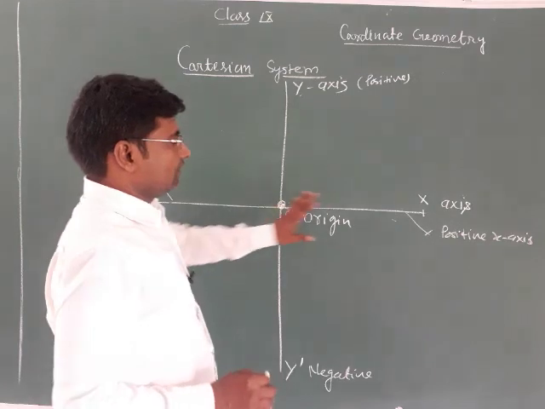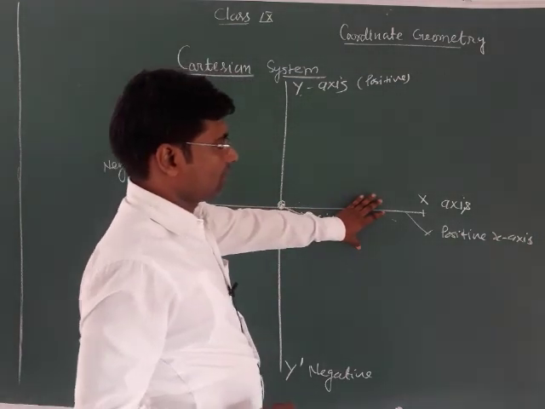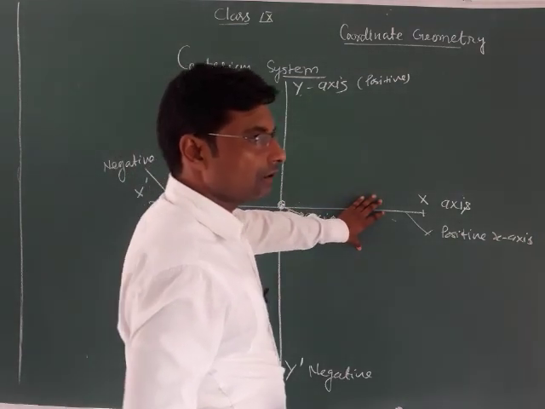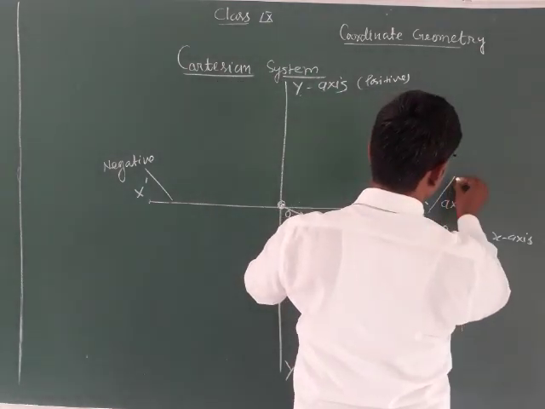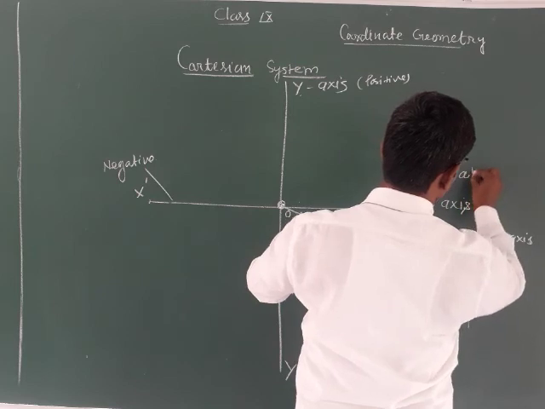So x x dash is called abscissa. This is called abscissa.